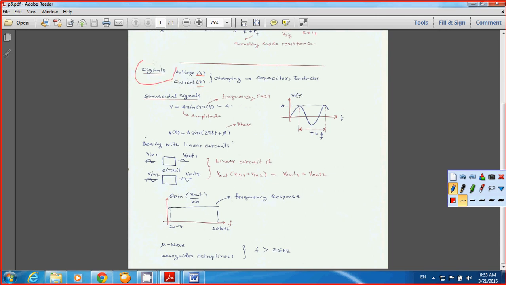Now we will talk about a signal that also changes with time, and that's going to involve capacitors and inductors. That's why I told you we will get deeper into electronic devices.